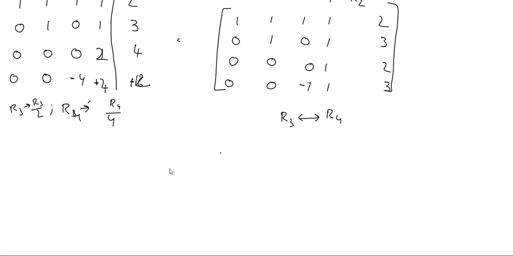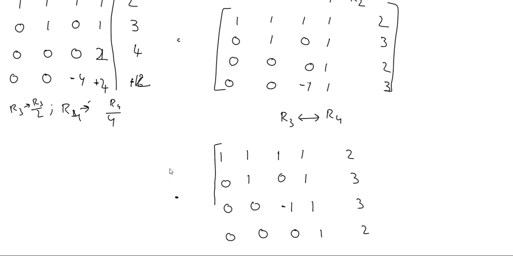Then we will get 1, 1, 1, 1, 2; 0, 1, 0, 1, 3; 0, 0, minus 1, 1, 3; 0, 0, 0, 1, 2. If we interchange the rows, we have to put a minus outside.